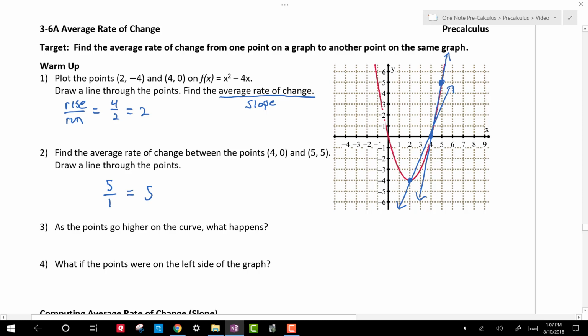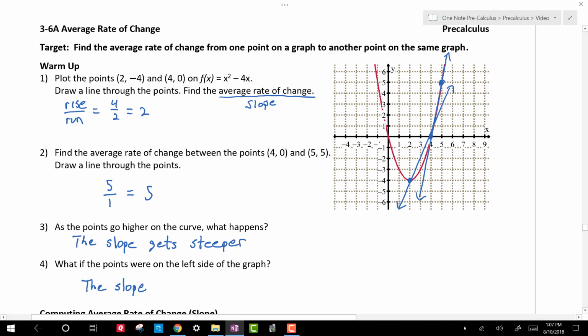So as the points go higher on the curve, the question is, what happens? Well, we can see from the 2 examples so far, and you can see from the lines, that the slope gets steeper. As I move up the right side of the parabola, the slope gets steeper. And that would happen even if I went to the other side of the parabola, except the slopes would be negative, but they would still get steeper as I go up the left side as well.